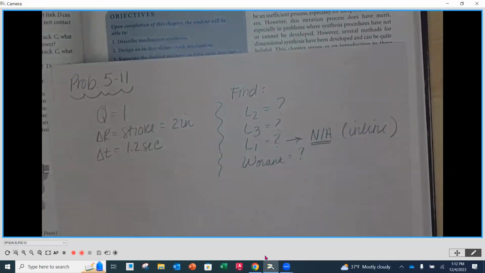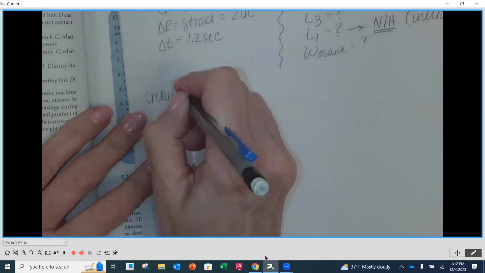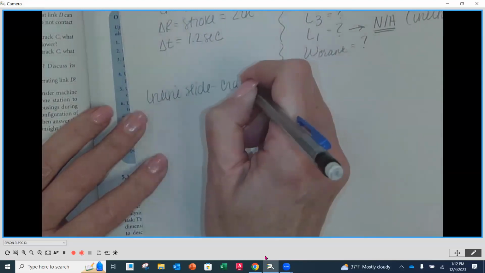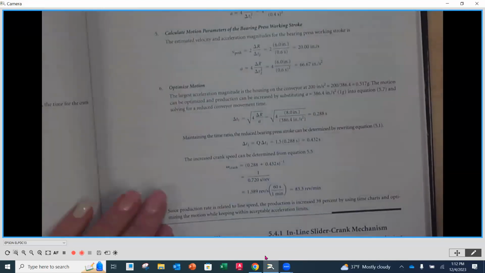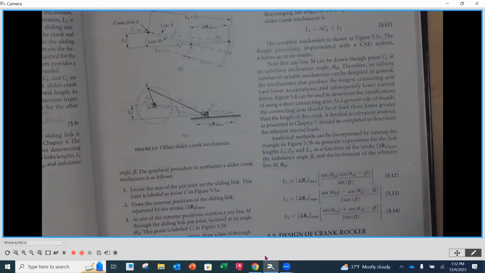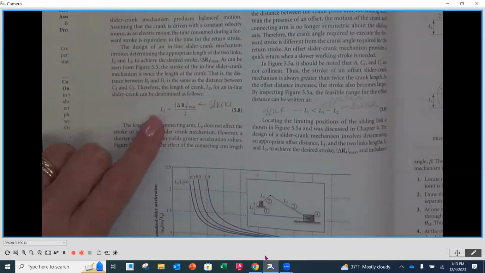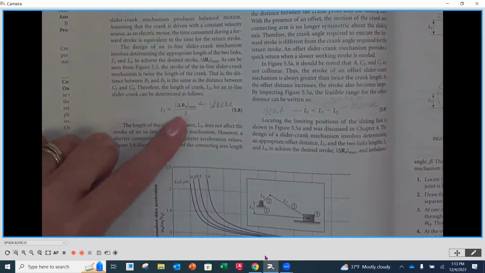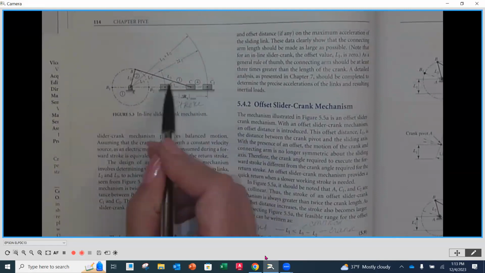All right. So now I can say that this is an inline slider crank mechanism. Then if I turn the page to page 114, I know that the length of my crank, L2, is going to be half of the total stroke. Because it's inline, this is going to be its outward, this is going to be its inward.